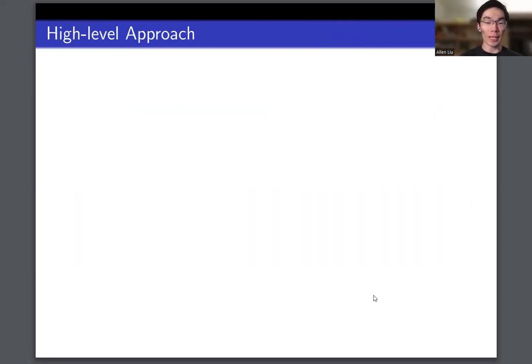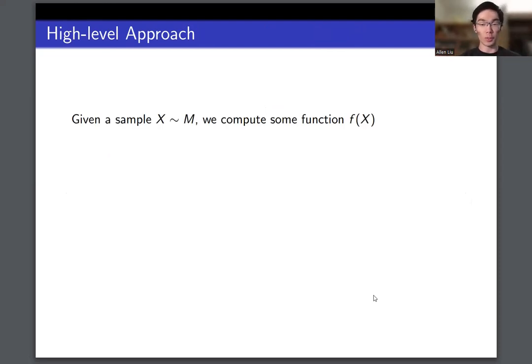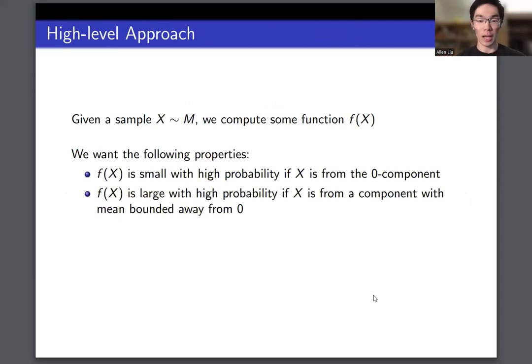So at a very high level, our algorithm will work as follows. Given a sample, we'll compute some function f. This function f will be constructed later, but we want it to have the following properties: f is small with high probability if x is from the zero component, and f is large with high probability if x is from a non-zero component.